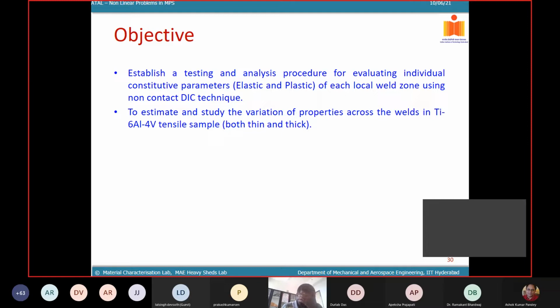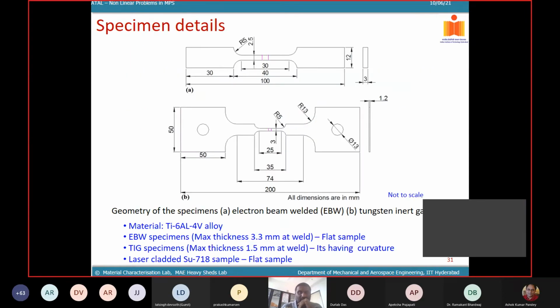Conventionally, in the aero industry they use either TIG or electron beam welding for both thin and thick. This is the sample which we have taken for EBW, electron beam welding, and the bottom one is for tungsten inert gas thick welding.